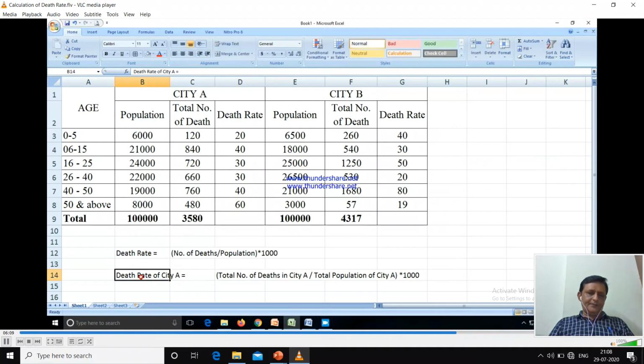Here we construct the formula for the entire city A. So death rate of city A is total number of deaths divided by total population into 1000.